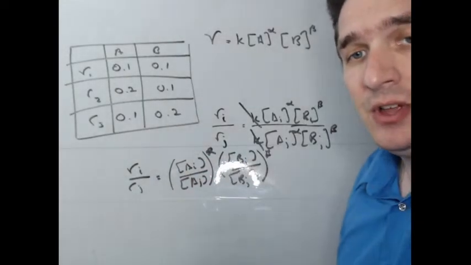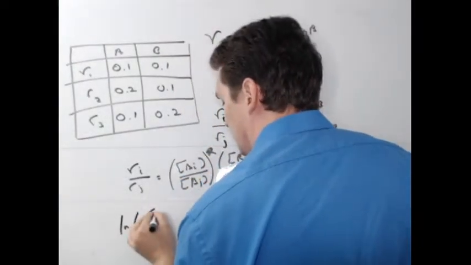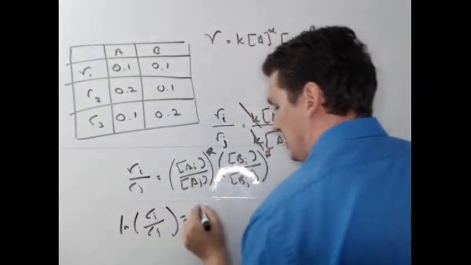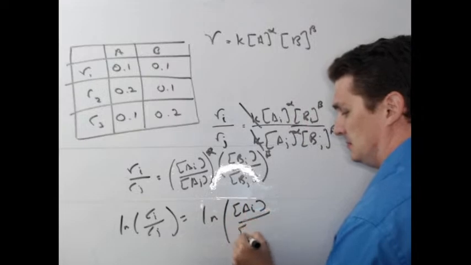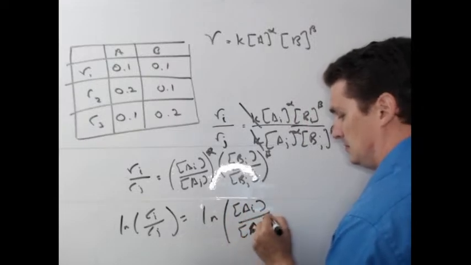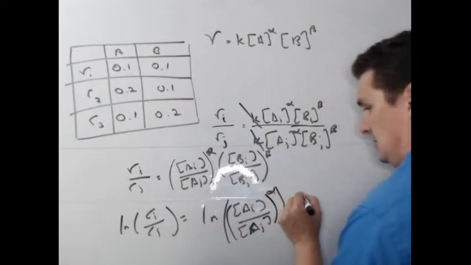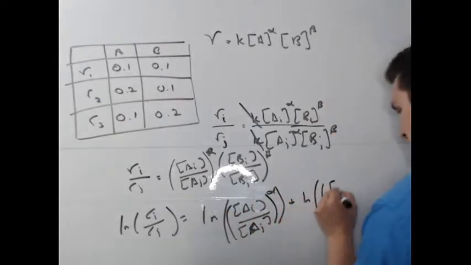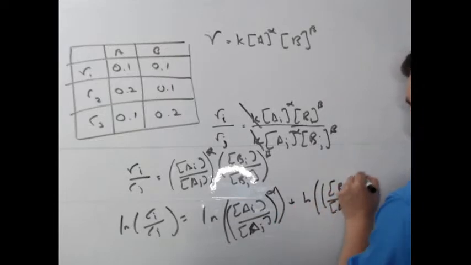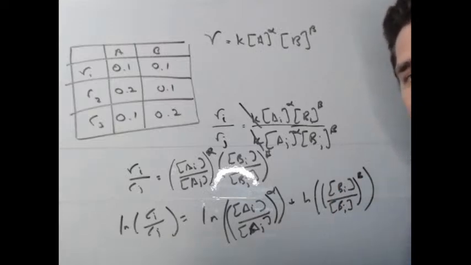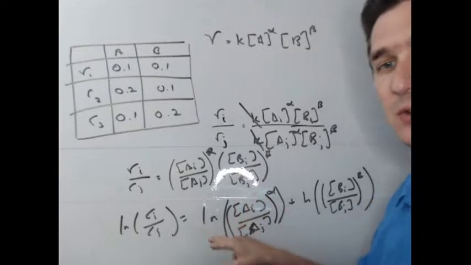If we take a natural log of both sides, we can exploit the property that the natural log of the product of two numbers is just their sum. The further property we can exploit is that any number raised to a power within a natural log lets us bring that power out.